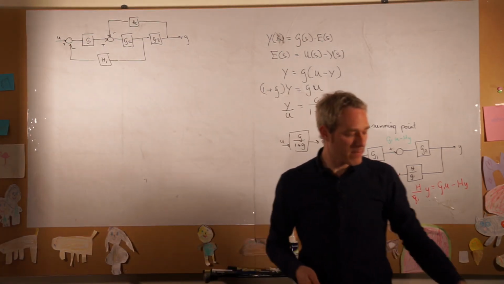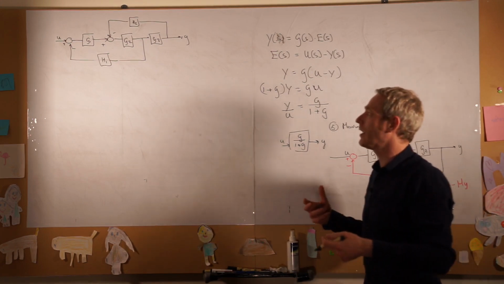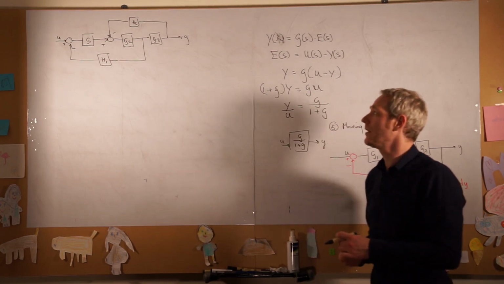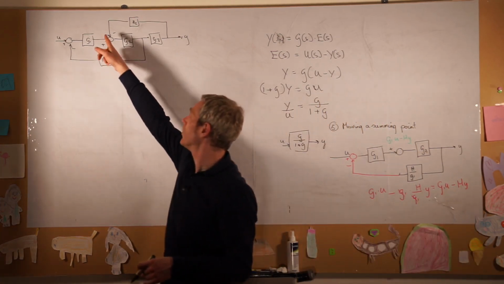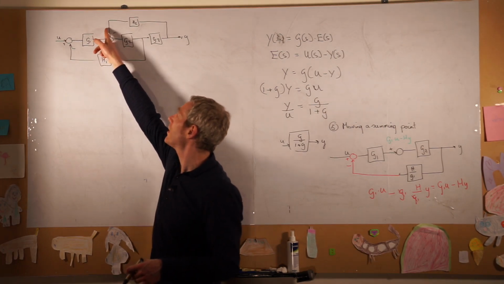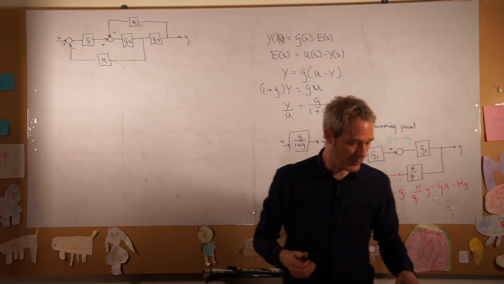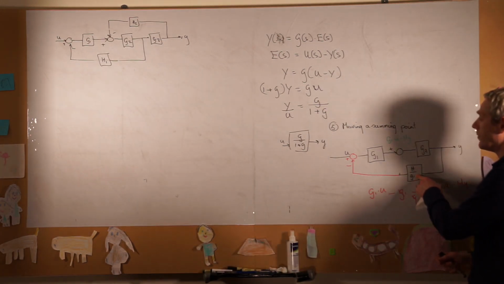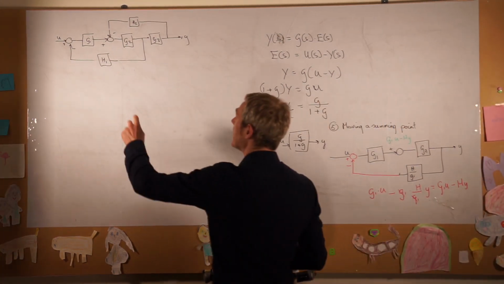So previously we could solve or simplify loops, but now we have 2 loops that loop within each other, which makes it more complicated. So what I want to do is move this summing point over here. We just saw how we could do that simply by dividing by the transfer function that we are summing over.